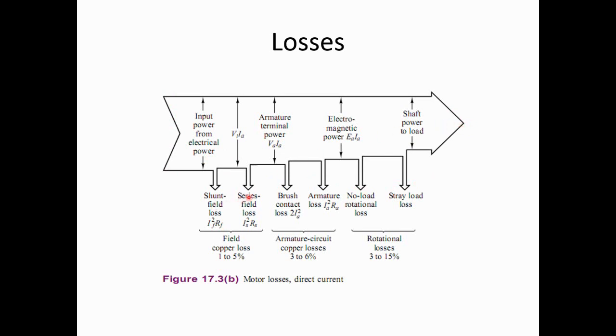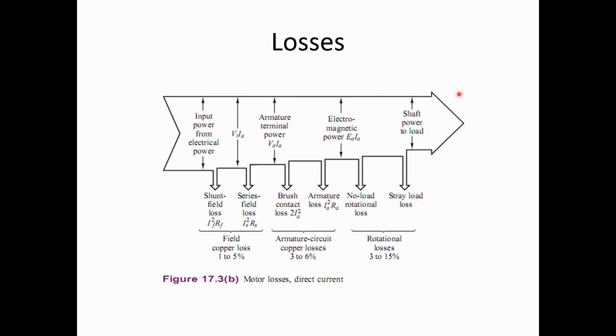So for example, there are field copper losses for a motor that has electromagnets in the stator instead of permanent magnets. So you have what we call field losses, and then you will have brush contact losses and armature losses. Brush contact and armature losses are from the transmission of the current from the non-rotating part to the rotating part. And then you have no-load rotational losses and stray losses. So these are mechanical losses.